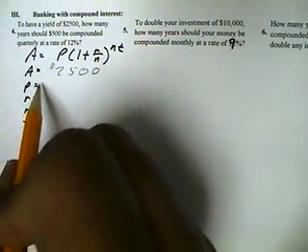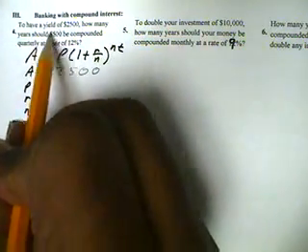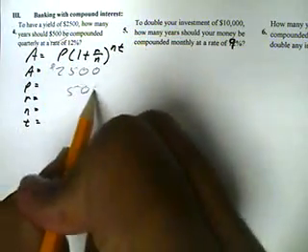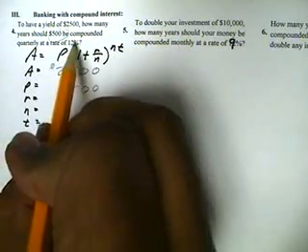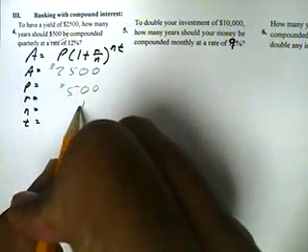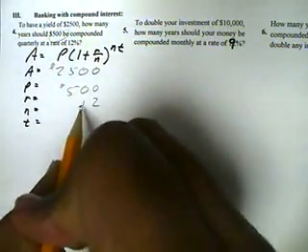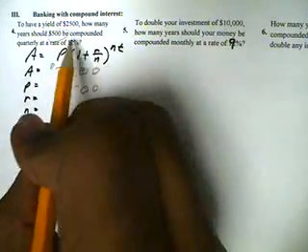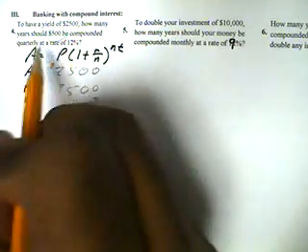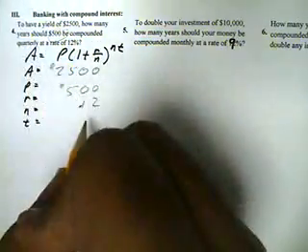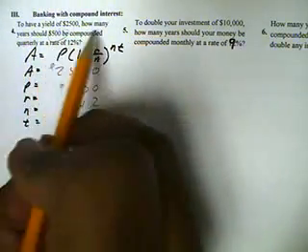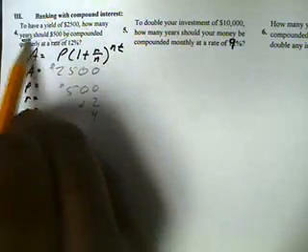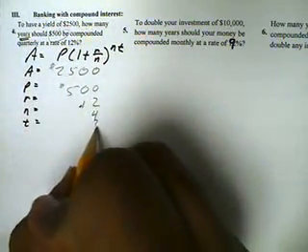P stands for the principal, how much money we're investing in the first place, and that's $500. R is the rate, which is 12%, so we'll write that as 0.12. N is the number of times we're compounding per year, and this is quarterly, so that's 4 times in a year. And T, time, well, since they're asking how many years, this is our unknown.